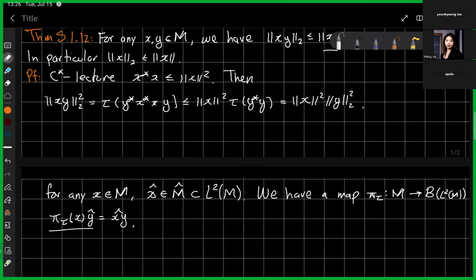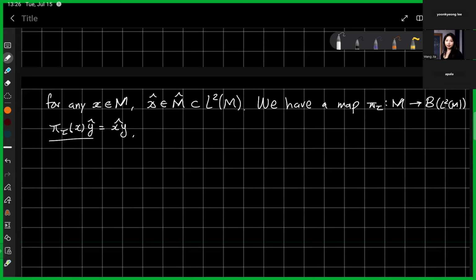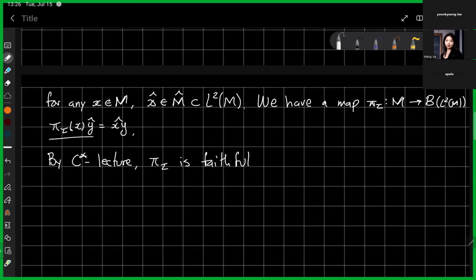So one thing to note here is that by the C-star lectures, you have seen that pi tau is faithful, which mainly comes from the fact that tau is faithful and normal.